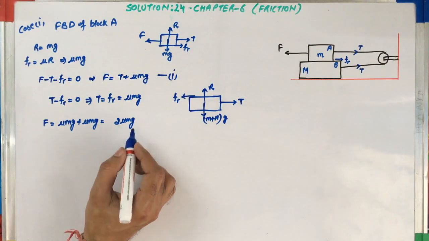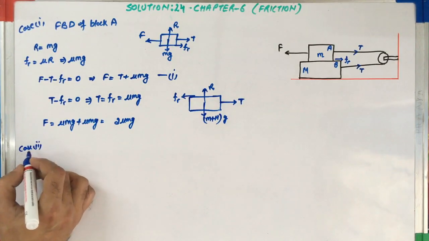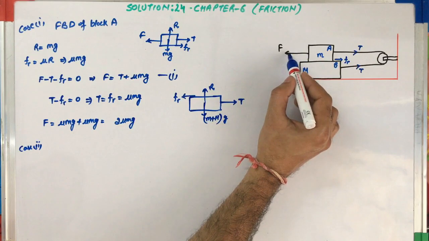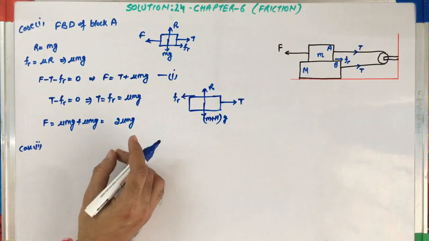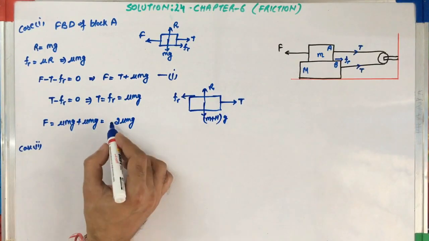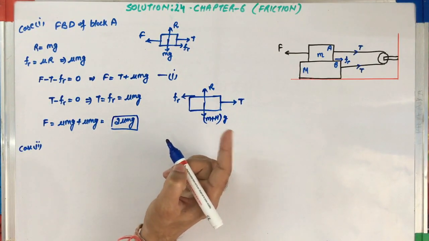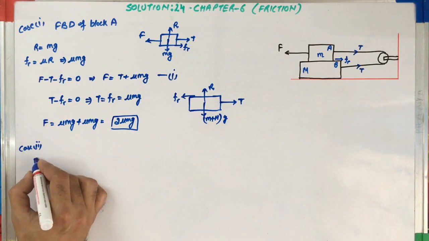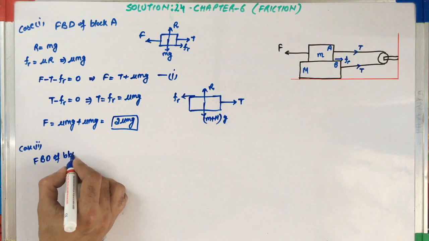Fine. Now for case 2, the force applied on this block is doubled, right? It says that the force is doubled compared to case 1. So this force is doubled on block A. So what is the FBD of block A?